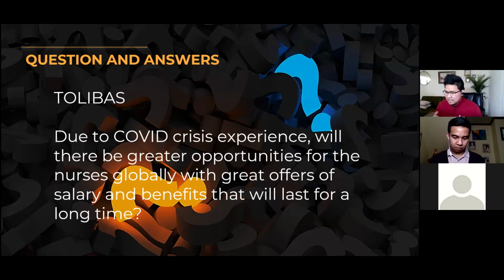By saying that, I think it somehow forces different countries to improve the healthcare in their own states and to hire more nurses, particularly Filipino nurses.